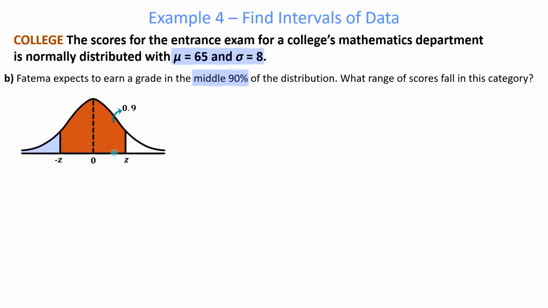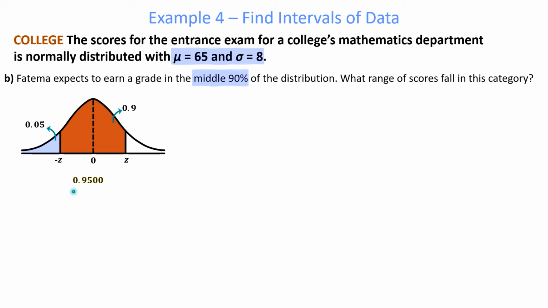Okay. Now, if this middle that we have in blue represents 90%, that means there's 10% left over. And that 10% has to be shared equally between these two tail ends. So half of 10% would give you 5%, which is going to be equal to 0.05 as a decimal. So now that we have these two areas, we add these two values together, and we know that the total area to the left of this Z value is equal to 0.95.